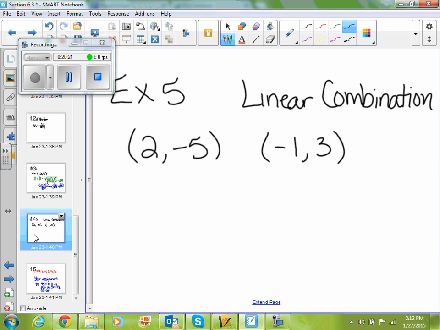Alright, then if we look at example 5, we're looking at writing the linear combination of a vector, which is basically the same thing as finding component form, except they add more letters. To find our component form, we label our initial point and our second point, and we subtract them.